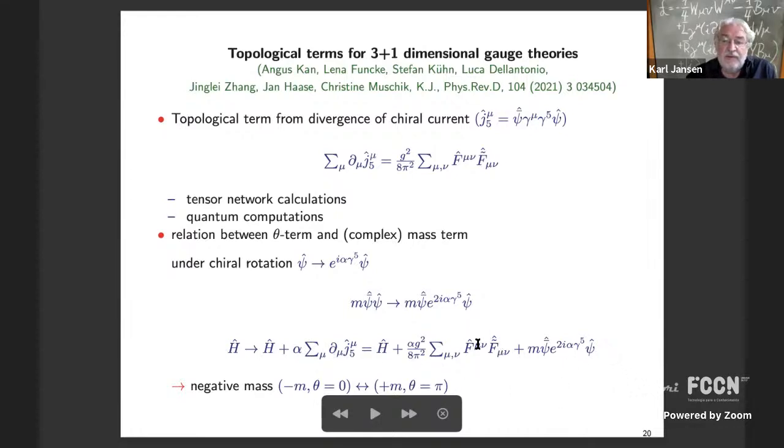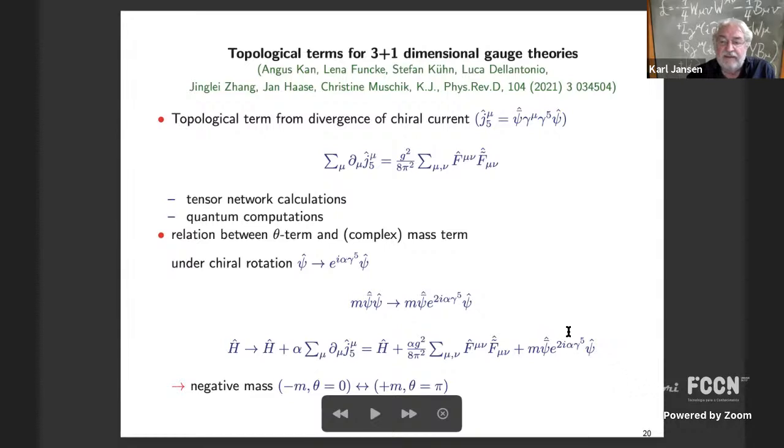So you get the topological term and you get the mass term, which has this alpha. Now we translate this with theta, and theta is alpha over 2. If you have a negative mass term here and theta equals 0, this would correspond to a positive mass term, but at theta equal pi.